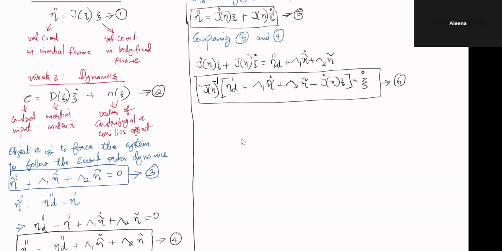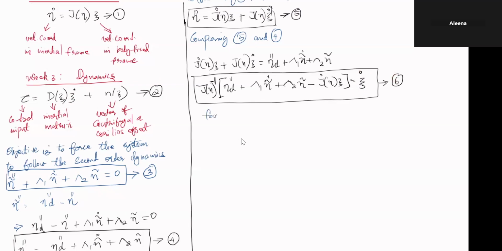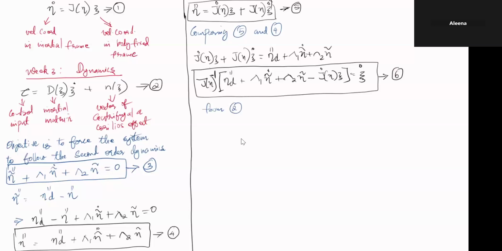From equation 2, this tau vector minus N of zeta, the whole pre-multiplied by D of zeta inverse, is nothing but zeta dot. Hope I'm right.